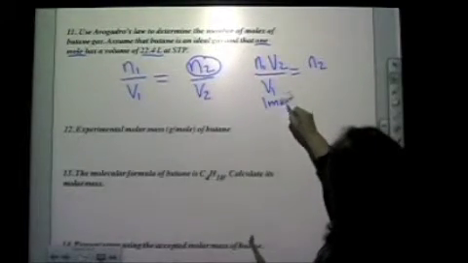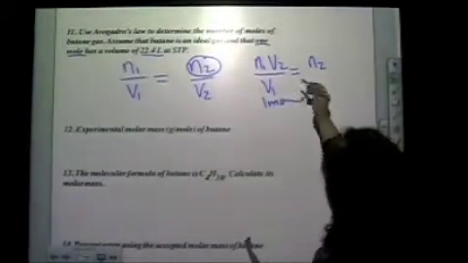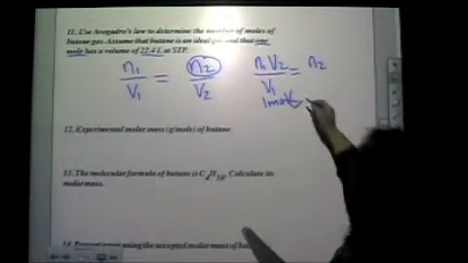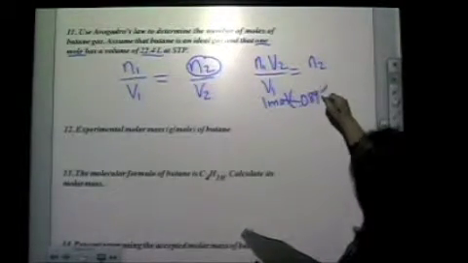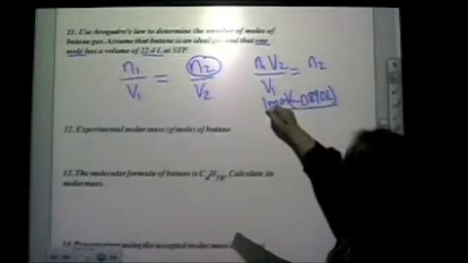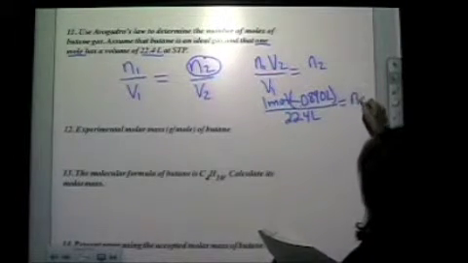My V2, go back to question number 10, volume of the butane at STP. Okay, so I've got 1 mole, and V2, that was my volume, 0.0890 liters, divided by 22.4 liters is going to give me the number of moles that I would have of that gas at STP.